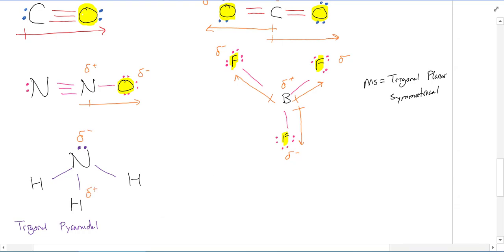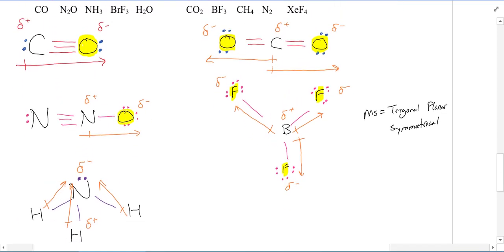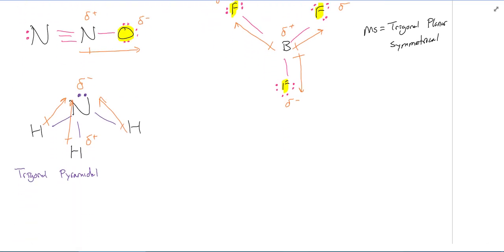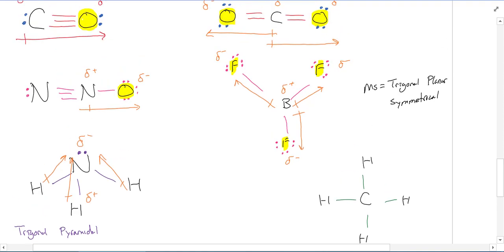Between all 3 hydrogens will be the positive side. That's over here. Methane. 8 electrons again. You do not have a top 5. 2, 4, 6, 8. And you do not have any of a symmetrical shape. Straightforward.